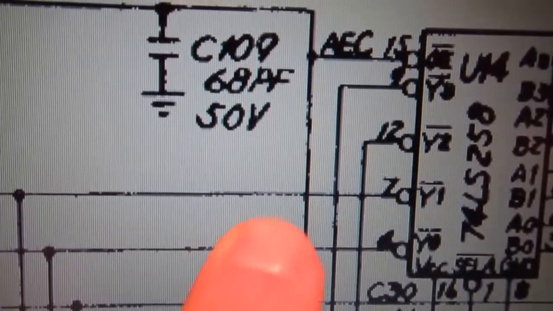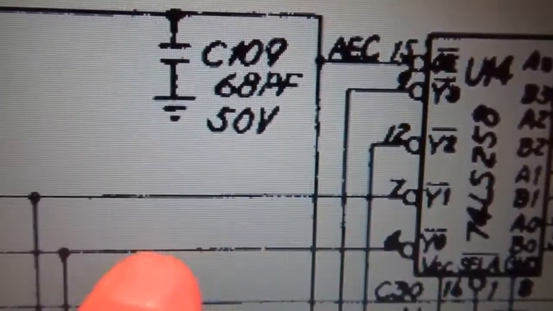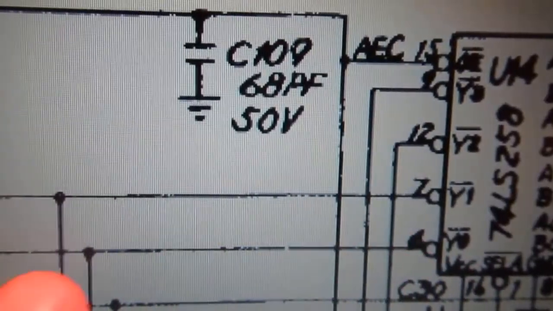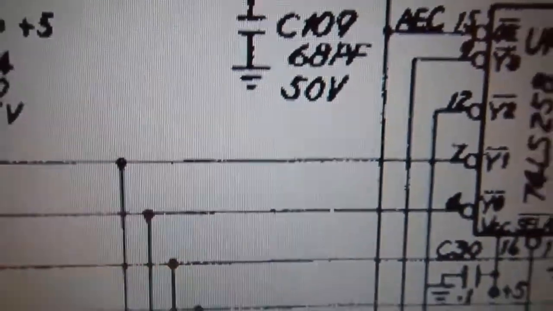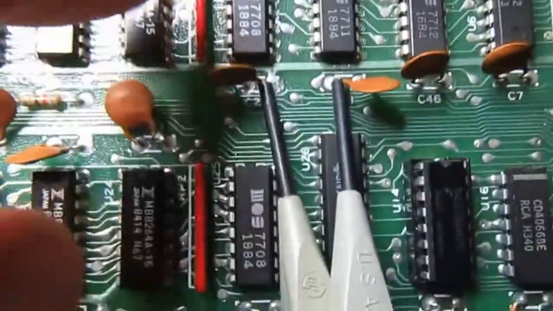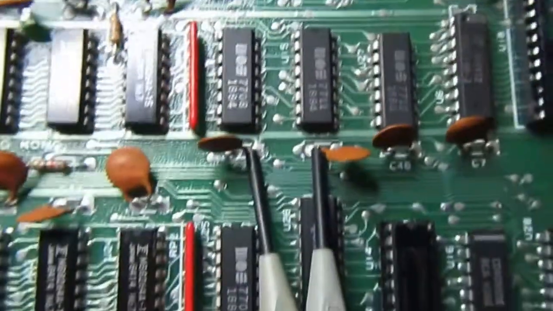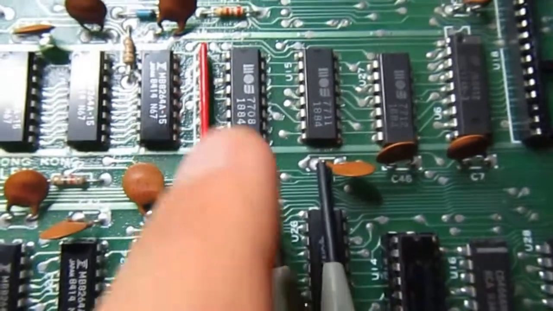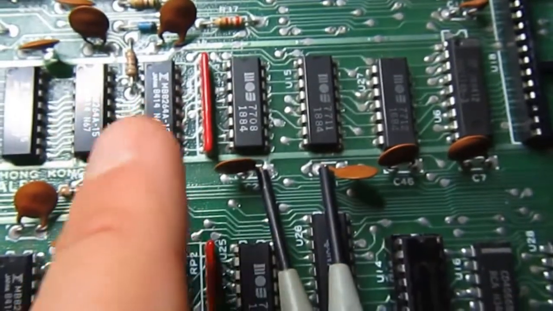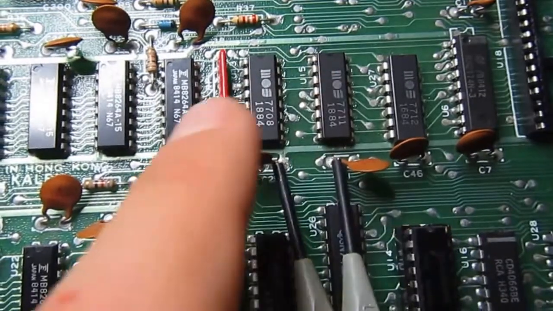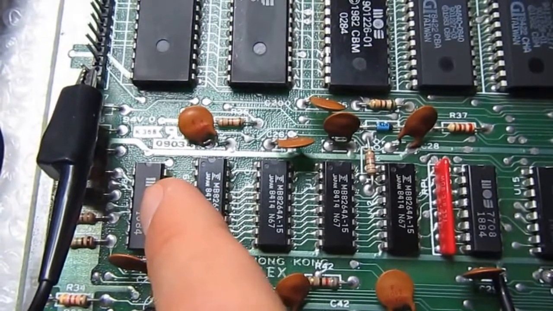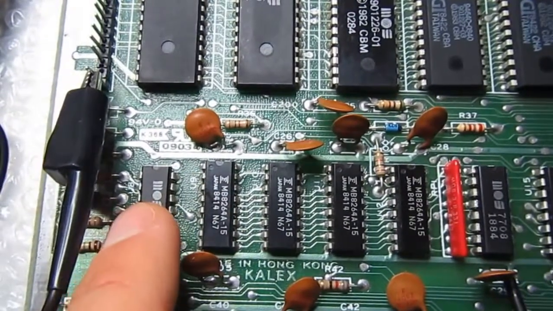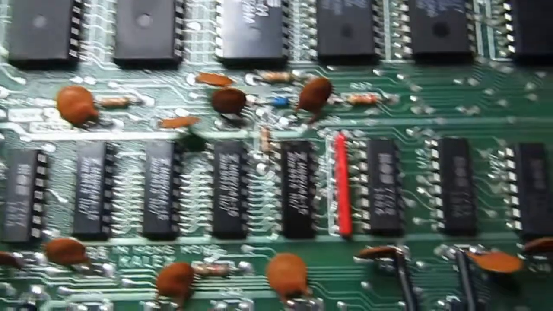So it means that there are these two inputs, this one and the one from the other chip. Here we are. This chip and that one that we changed were driving their output at the same time, and they should not do that. Now the control signals are generated by this chip, and this looks good.